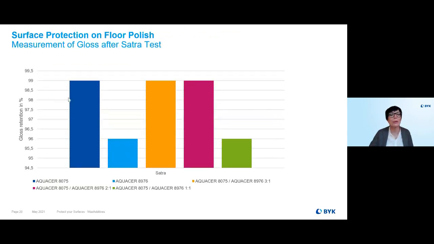So we have the gloss measurement without the Sartre test. It's 99 gloss units. After the Sartre test with the high density polyethylene, we still remain with 99 gloss units. By using just the polypropylene wax, the gloss drops by 4 units.